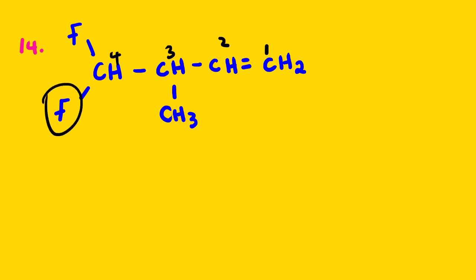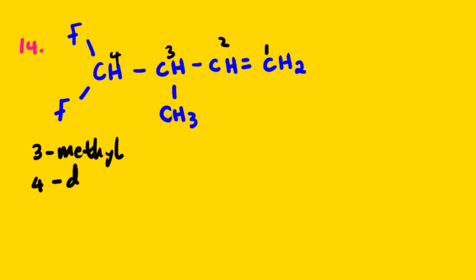Then on the last carbon, we have 2 fluorines. So we start 3-methyl, 4. How many fluorines do we have? We have 2, so it's difluoro. And then we know that we have butene. You can say 1-butene.